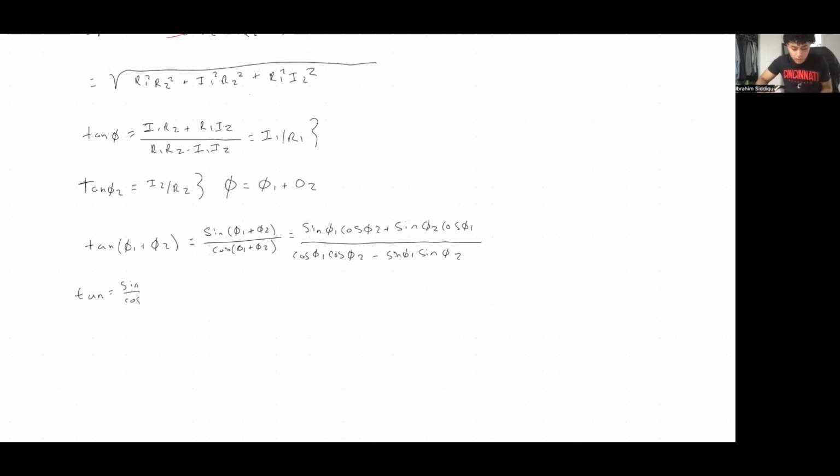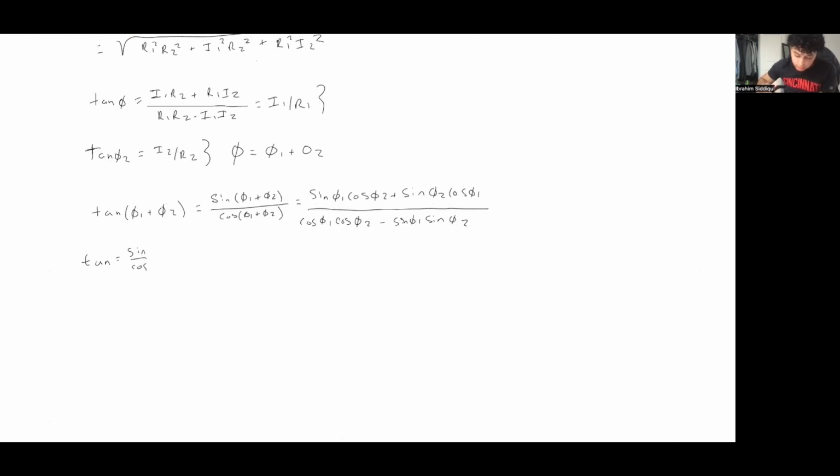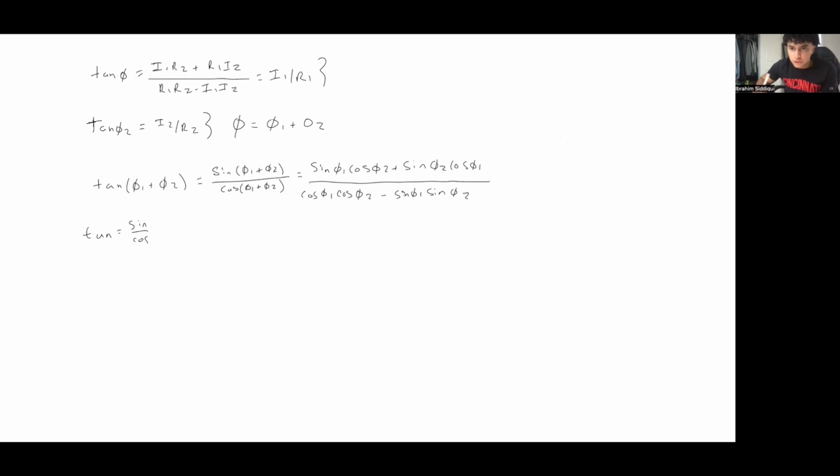Okay? So looking at this in a more simplified version using tangent, this is going to be equal to tangent phi 1 plus tangent phi 2 over 1 minus tangent phi 1 multiplied by tangent phi 2.